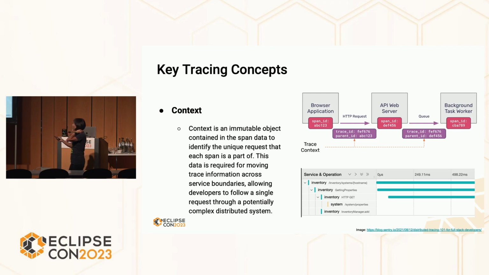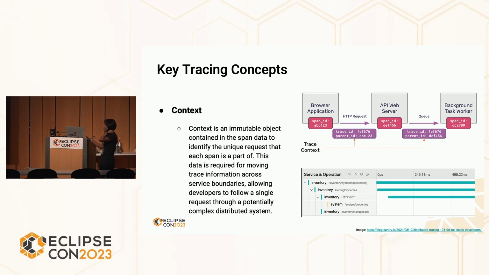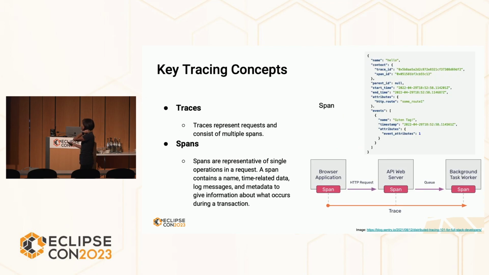So when the span is ABC123, and the request goes to the second service, it will create a new span, DEF456. However, the context is always propagated, so when the second span is created, it contains the trace ID and the parent ID. Here you can see the span has a name and also a context, trace ID and span ID.